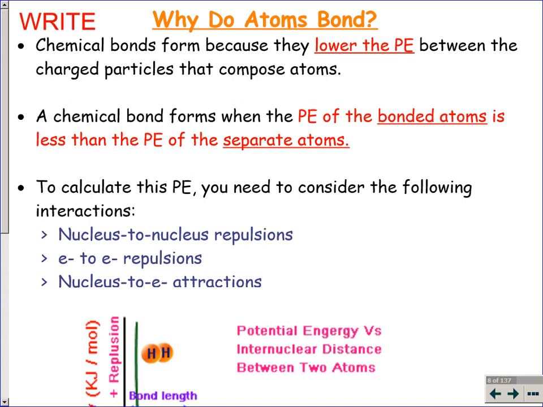The whole goal in life, or compounds, is to lower their energy so they're stable. So as these bonds are forming, somehow, ionically or covalently, they're going to lower the potential energy as they come together compared to their original potential energy as they were separate. I'm going to let you write down number two first.